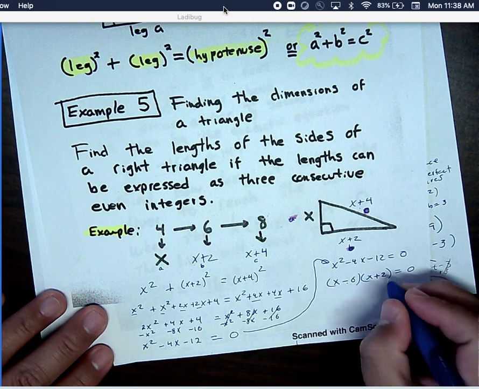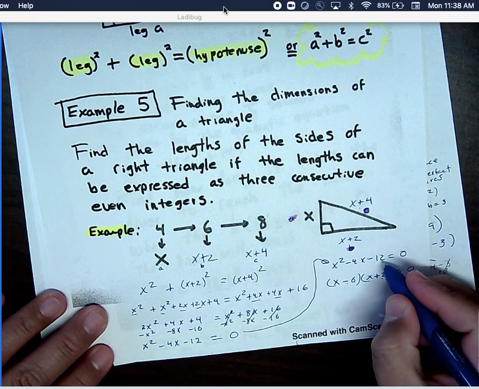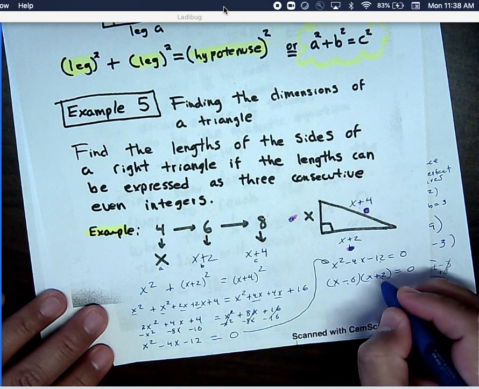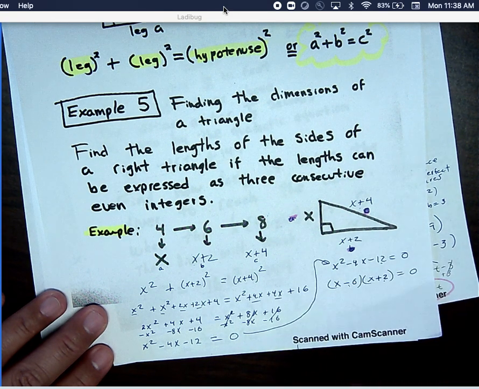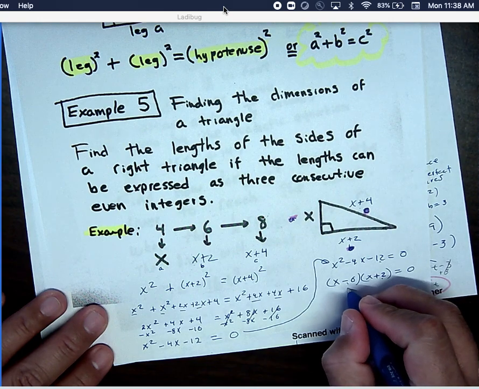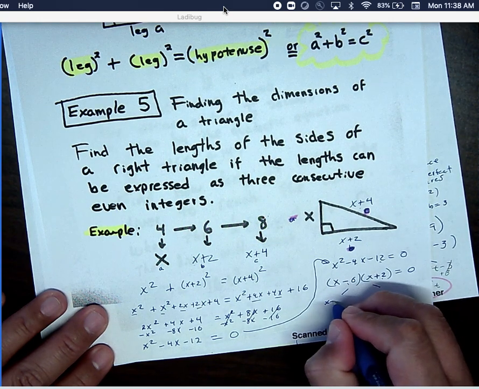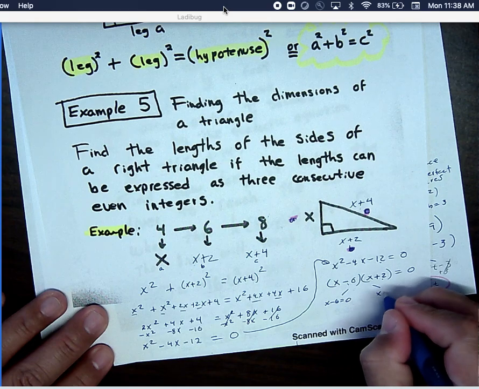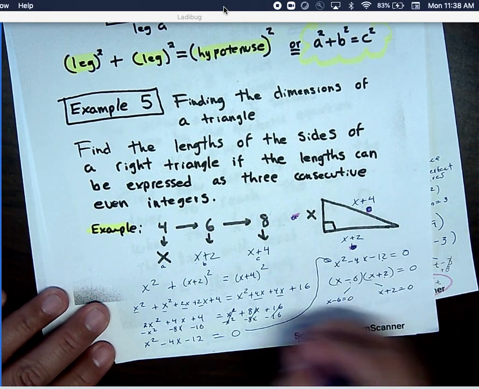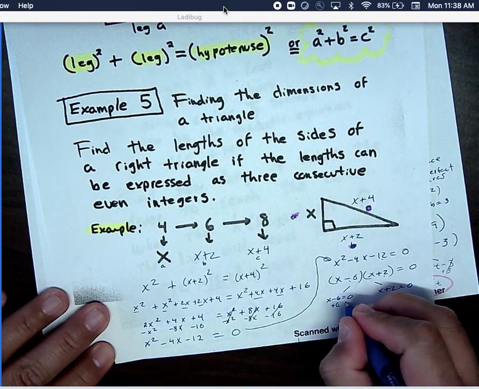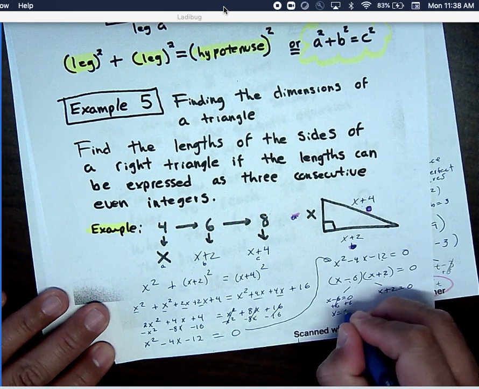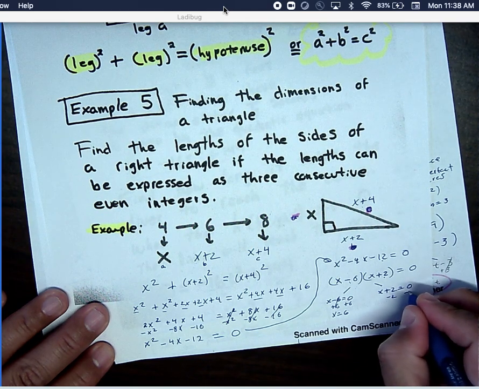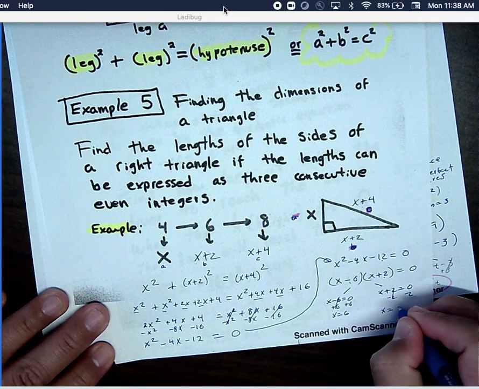So negative 6 times positive 2 would give me that negative 12, and then negative 6 plus 2 would give me that negative 4. So those are the factors. Now create the equations. Solve. So x equals positive 6, and x equals minus 2.